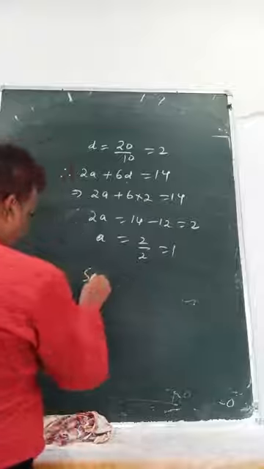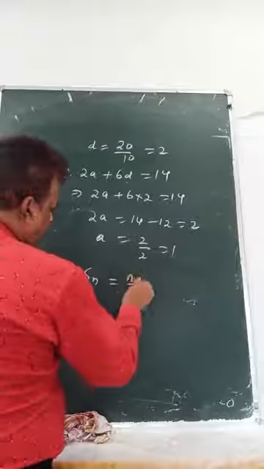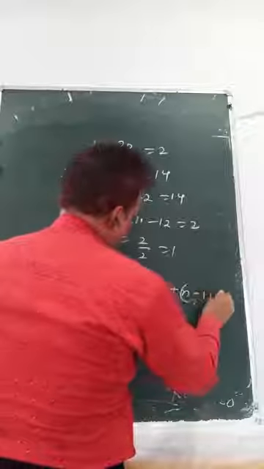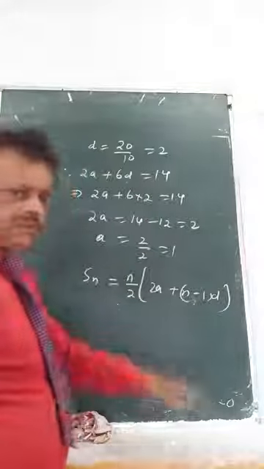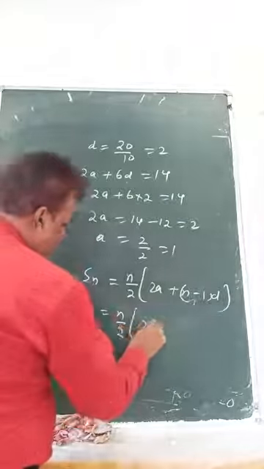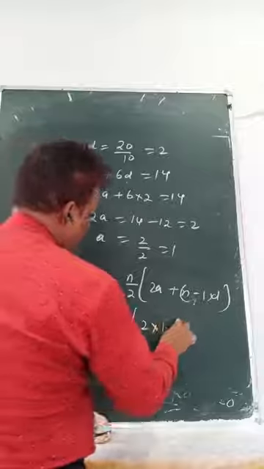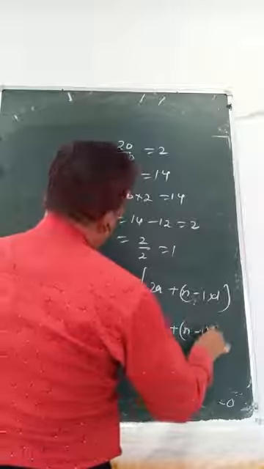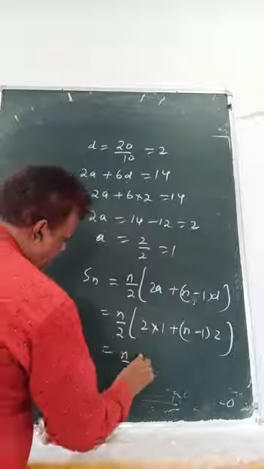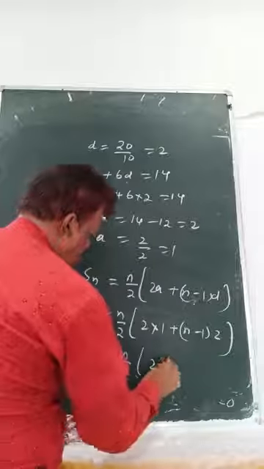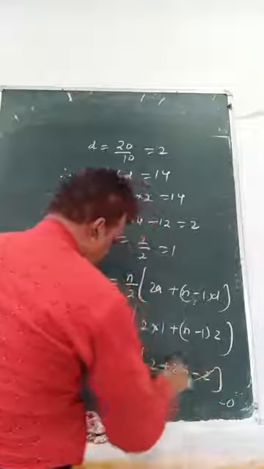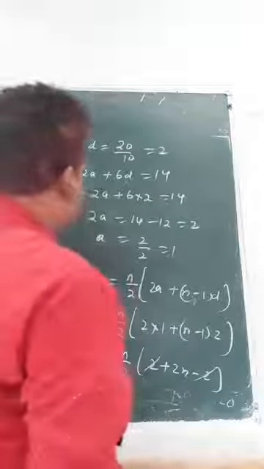You are asked to find Sn. n by 2 into 2a plus n minus 1 into d, because you are asked to find this one. So how much? n by 2 into 2 into 1 plus n minus 1 times d, which is 2. n by 2 into 2 plus 2n minus 2. 2 cancels. What did you get?